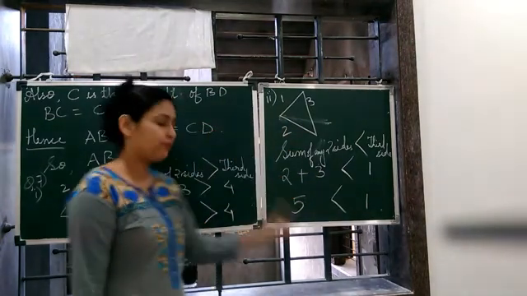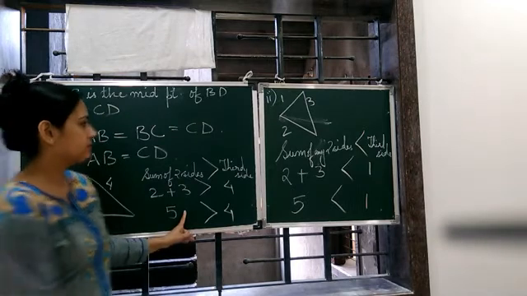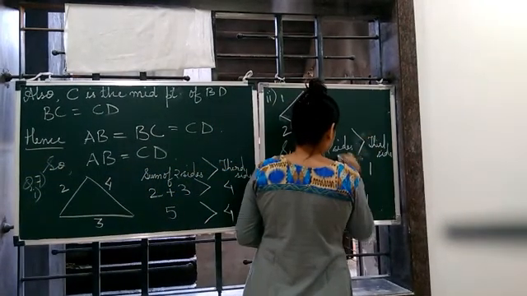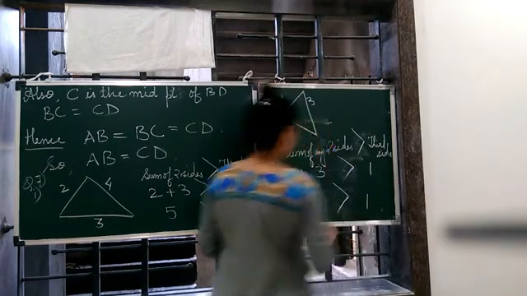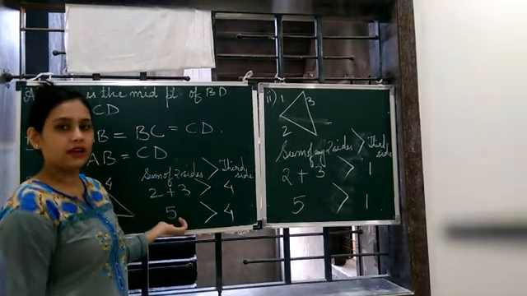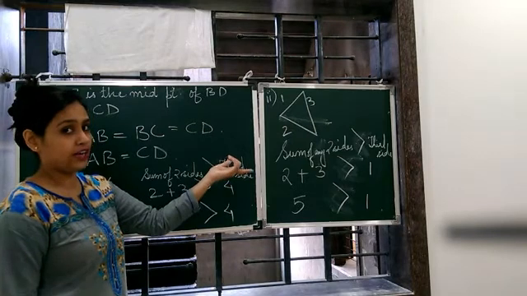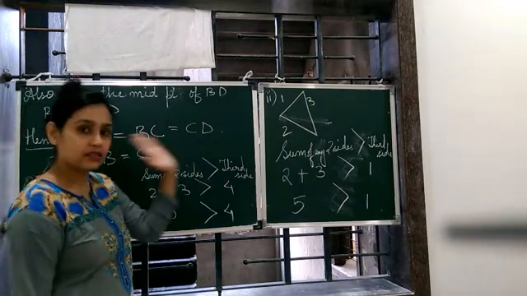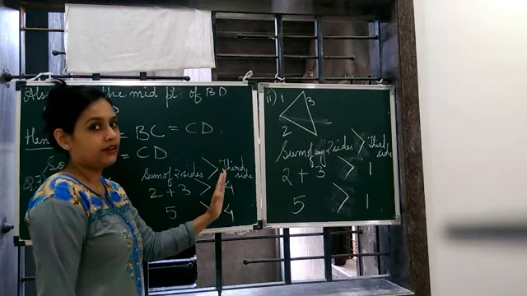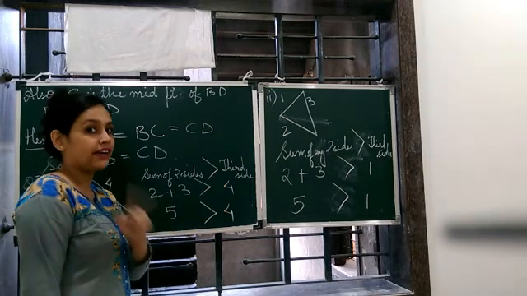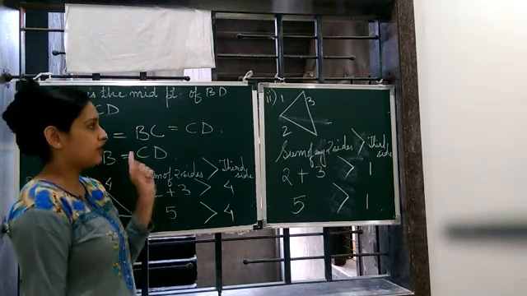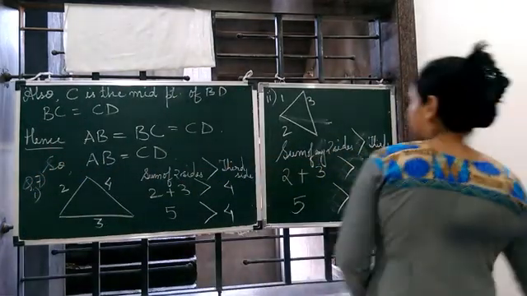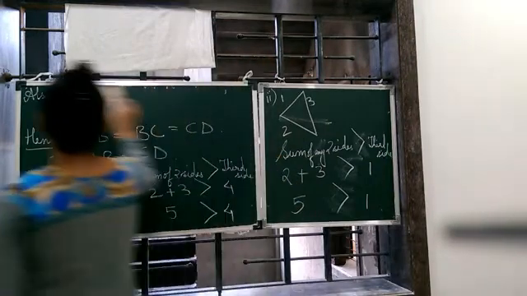So again we have proved the same property, from the second triangle also. That means we are proving that sum of two sides is greater than the third side. Got it? Not smaller, but we have to find out whether in any case it is smaller or not, because the book is asking that. Second one done. Now we start with the third one.